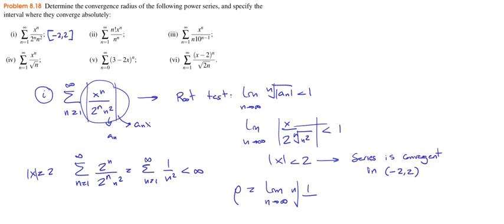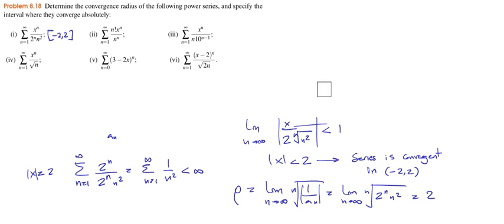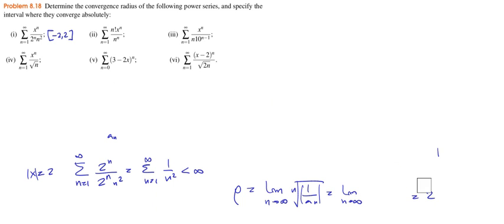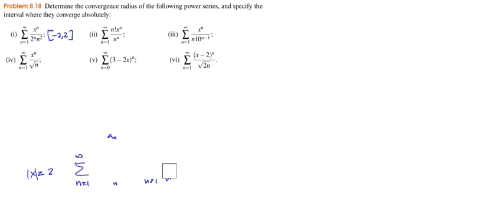So if we have a sub n times x to the n, this is 1 over this, in absolute value. So the radius is the limit when n goes to infinity of the nth root of 1 over this, so this is 2 to the n squared. The limit of this is 2. So this is the radius of convergence, if you want to do it like that. Both ways are equally correct.